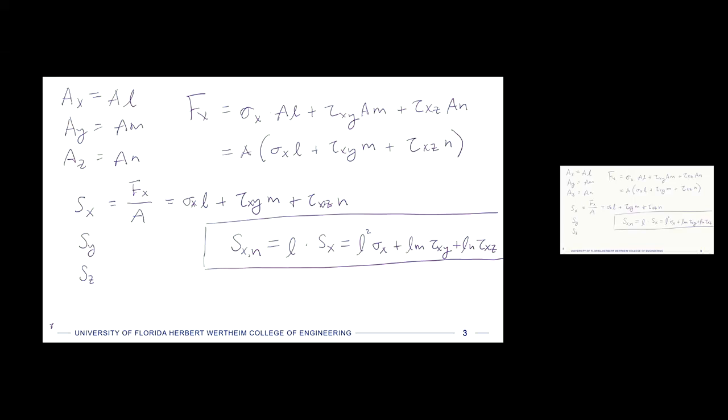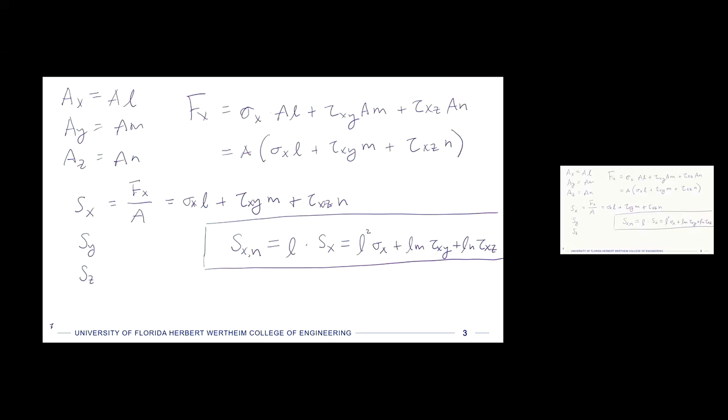And so you can see now it's a combination of, we have two cosines when we're talking about sigma x, but the other ones, we have tau xy, we have now L and M. So now we have the angles that are associated with alpha and beta, or x and y directions, in that term with tau xy. So it kind of makes sense. And then L and N, which are the angles in x and z, with the term with x and z.